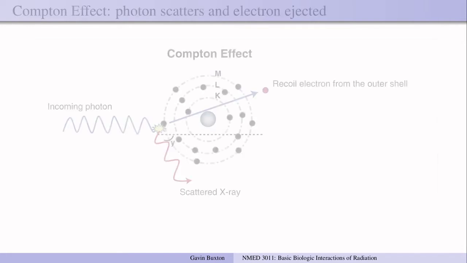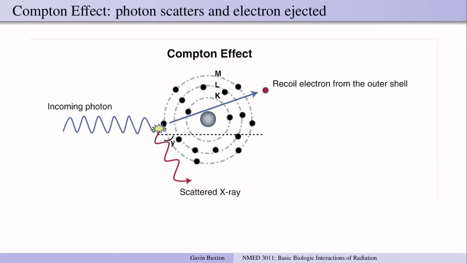Moving on, there's also the Compton effect. The Compton effect is when a photon is scattered, deflecting it from its original path. However, the photon does lose some of its energy, and it varies quite a lot. It can lose anywhere from 0 to 80%. And where does that energy go?